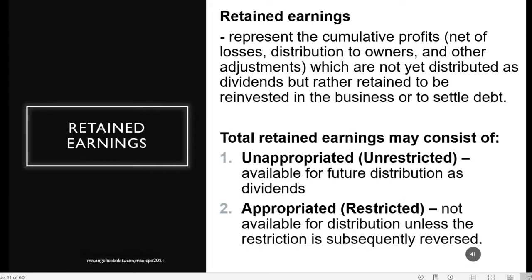Total retained earnings may consist of unappropriated or the unrestricted retained earnings which are available for future distribution as dividends. And then we have the appropriated portion which is not available for distribution unless the restriction is subsequently reversed.